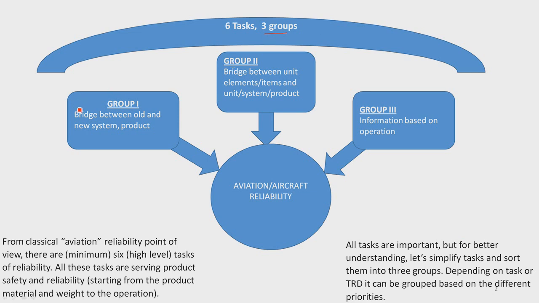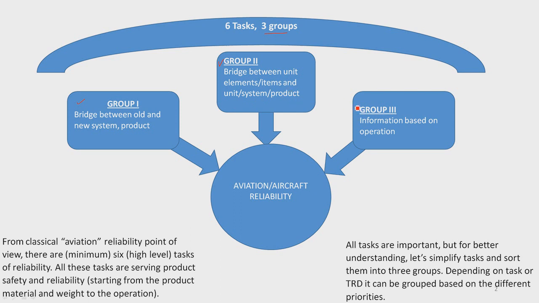Let's describe the tasks in group 1. So we have a bridge between old and new system, product, items, elements, LRUs. Group 2, we have a bridge between unit, elements, items, and unit, system, product.